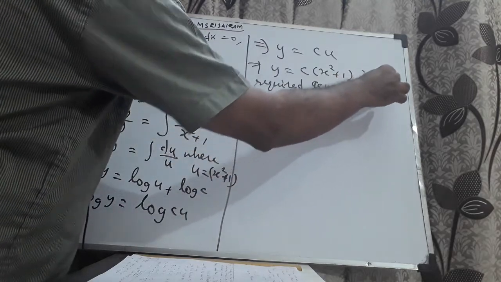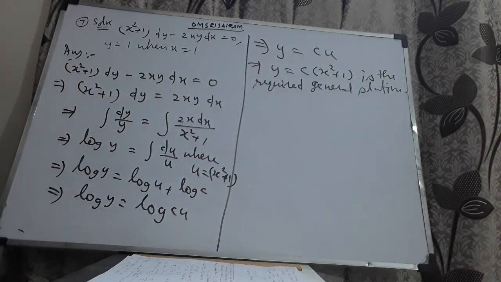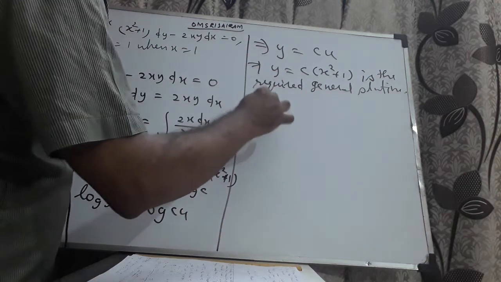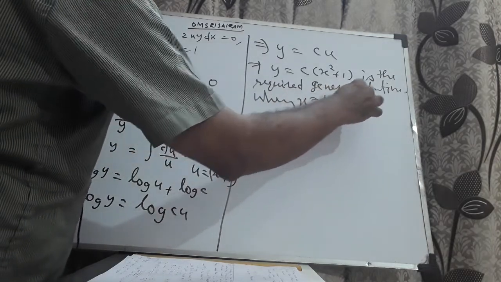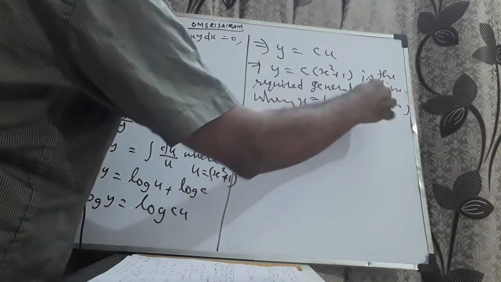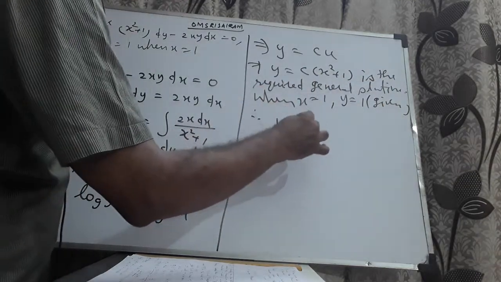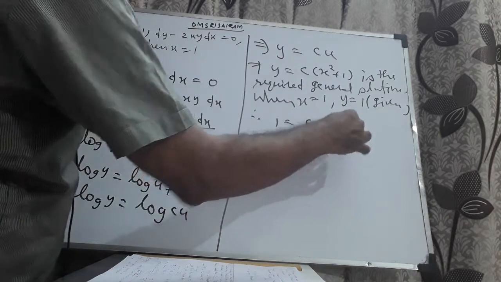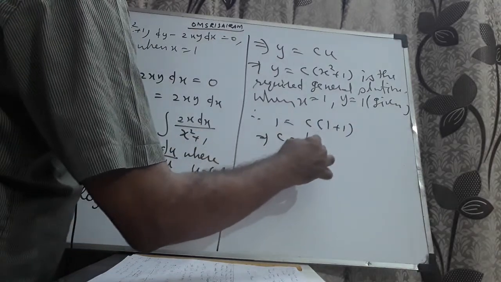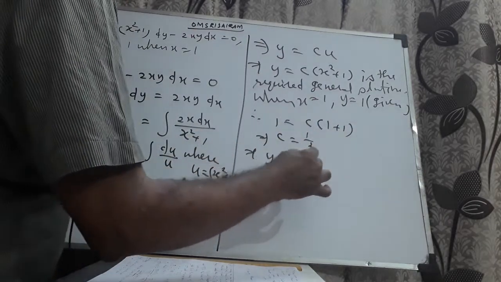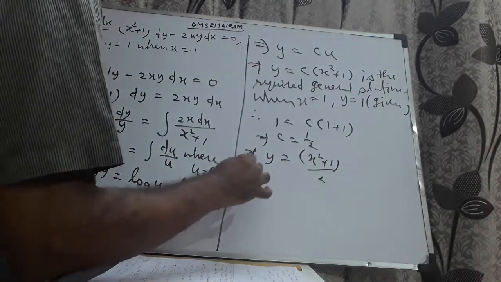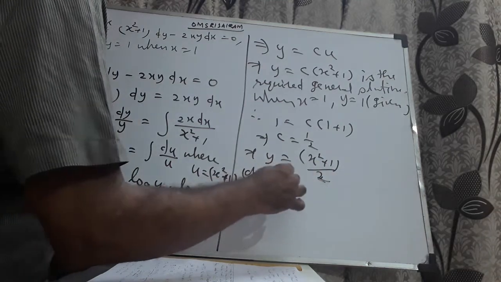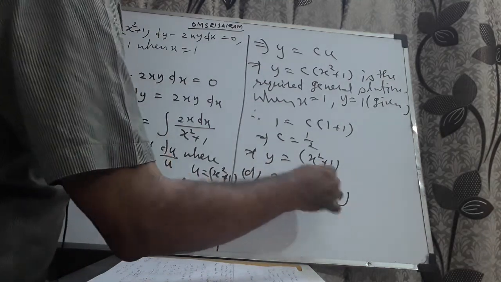If you write the solution with respect to c, the constant of integration, it is called the general solution. When x is equal to 1, y is equal to 1, this is the condition given to you. Therefore, 1 is equal to c into (1 plus 1), implies c is equal to half, implies y is equal to (x square plus 1) by 2, or 2y is equal to x square plus 1.